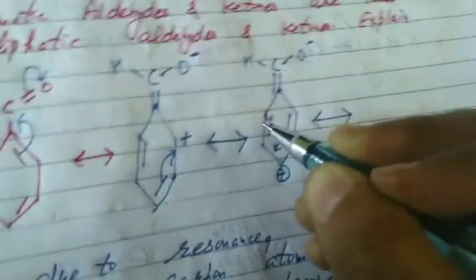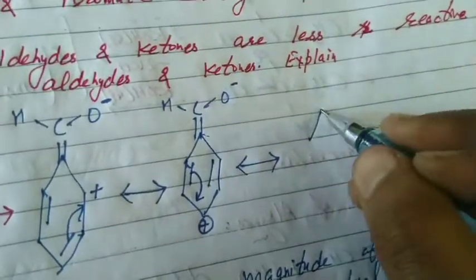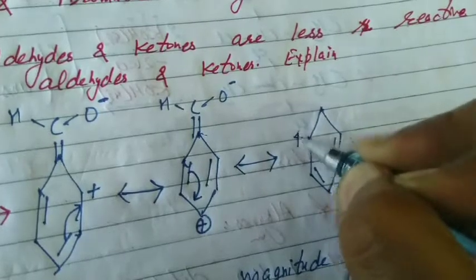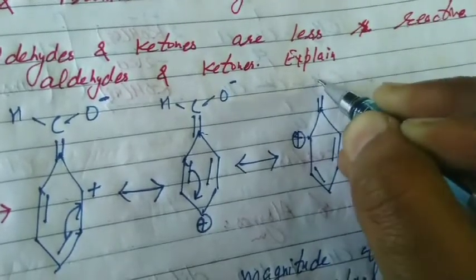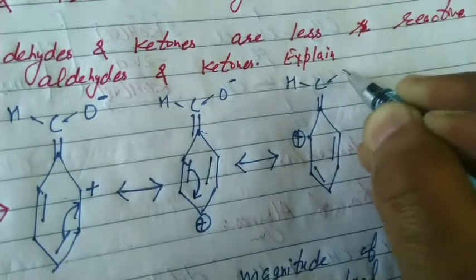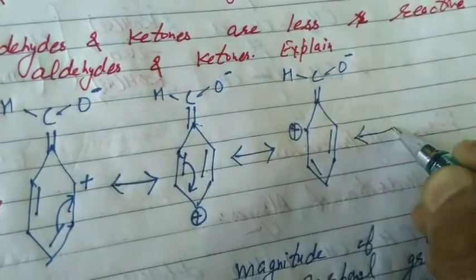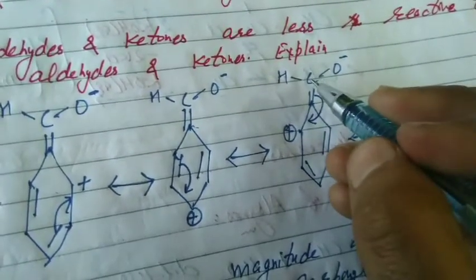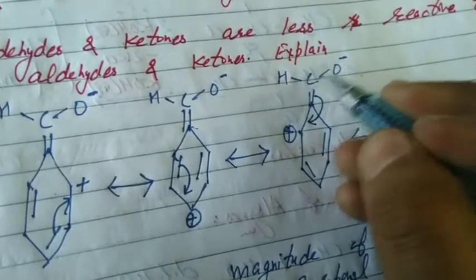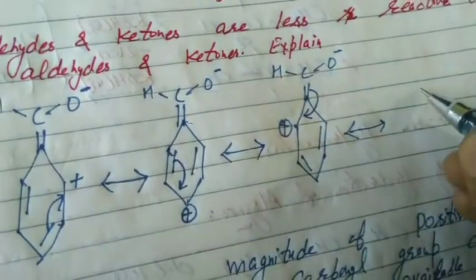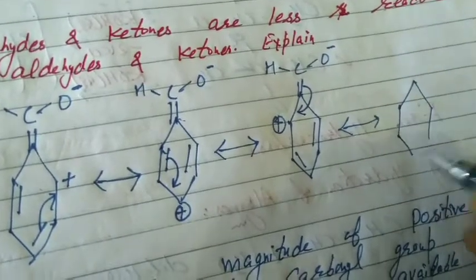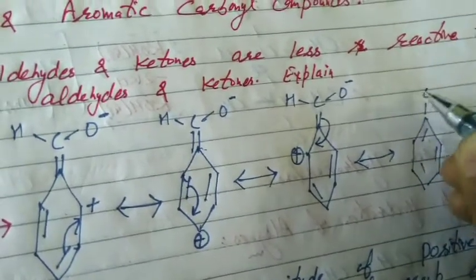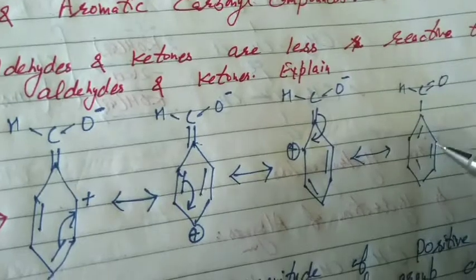We will mention plus charge at this position. Resonance: same formula, different structures differing in the arrangement of electron pairs. And the last resonating structure, again, students: now this exocyclic pi comes to this position. Definitely the carbonyl carbon will now have plus charge. Opposite charge on adjacent species leads to the formation of a bond. That is, the second structure of benzene is formed now. Bond formation, bond break, CH double bond O.